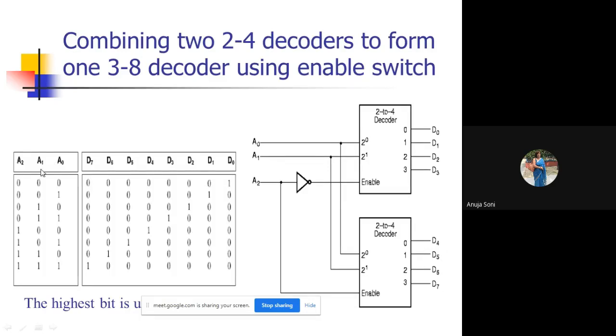You can divide the truth table in 2 parts. The upper 4 min terms compose the upper decoder, which generates the output values D0, D1, D2, D3, and the lower 4 min terms facilitate the lower decoder, which produces the output values D4, D5, D6, D7.